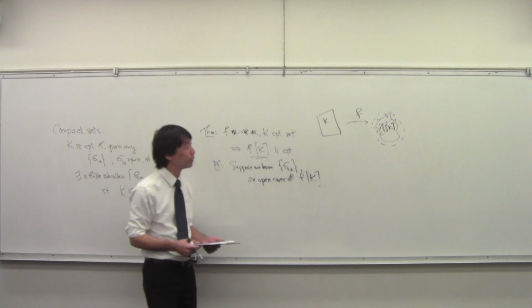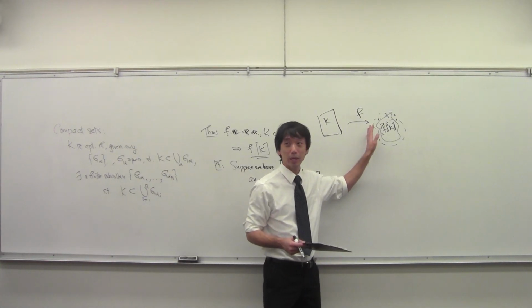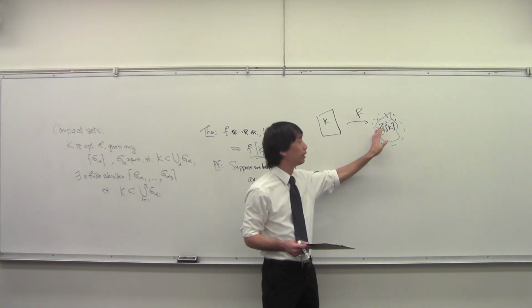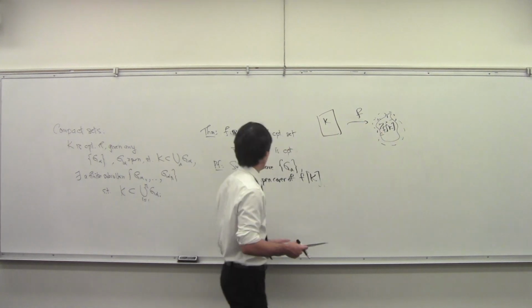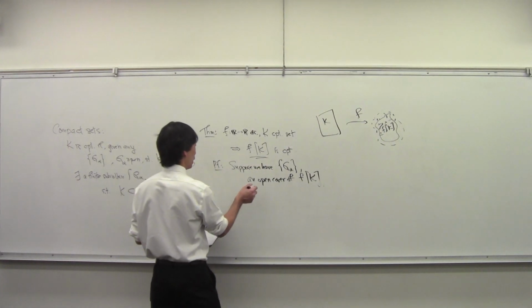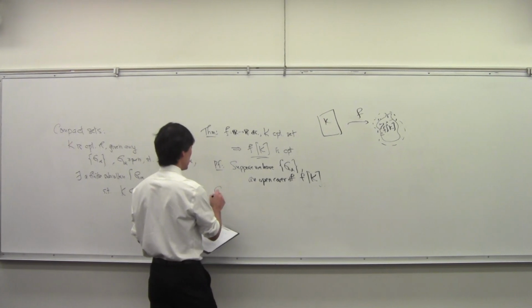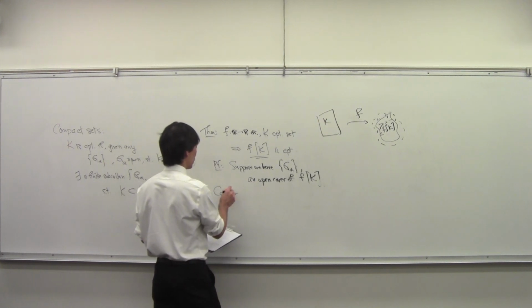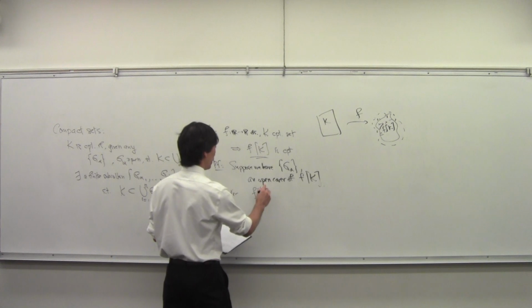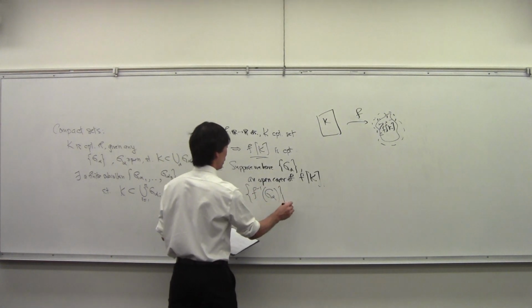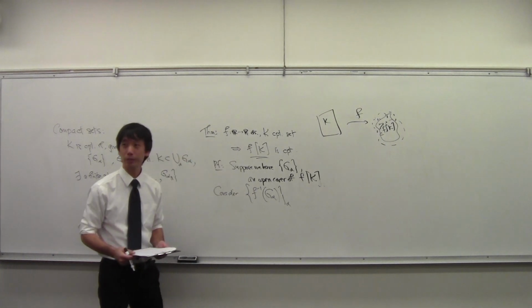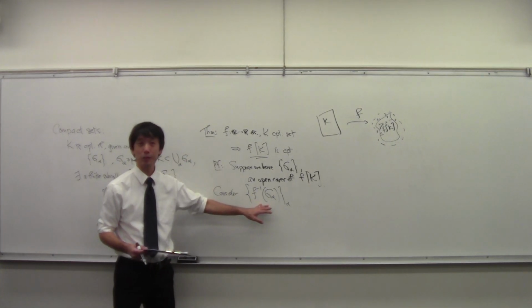So you say, okay, I take my cover here, and then I look at all the pre-images. Consider the F inverse G alphas, right? The pre-images of the G alphas.